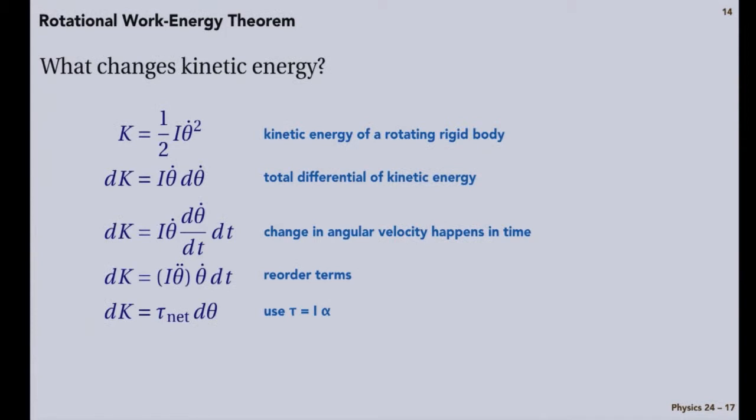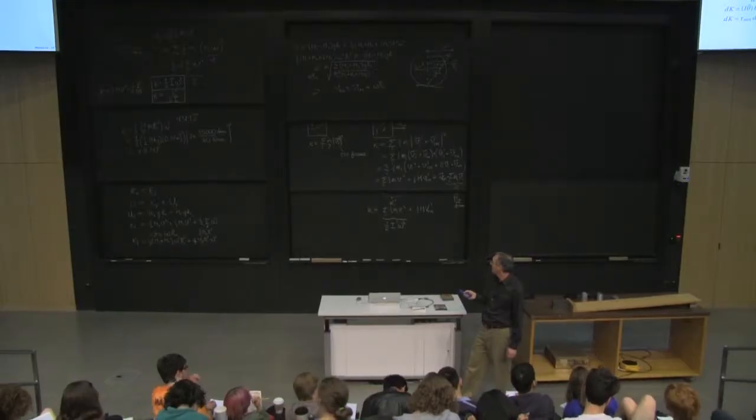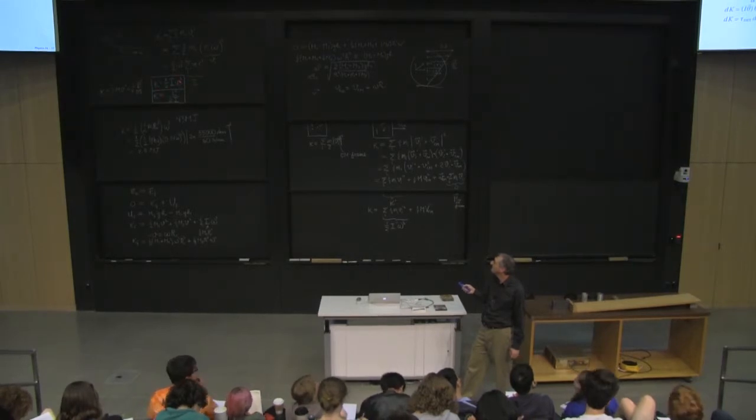This time, I didn't take the time derivative. I took the total differential. Here's the kinetic energy in the form that we derived for a rotating body.